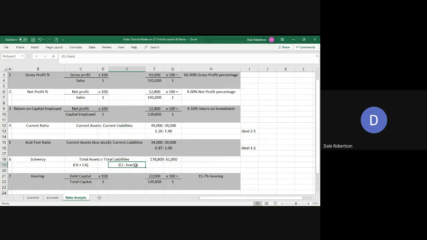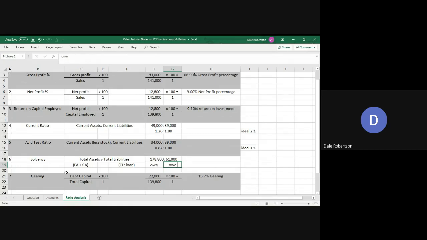So you add the 2 of them to get 61. And you're just comparing, and here, roughly speaking, you can say that the company's assets are about 3 times what the liabilities are. So that's pretty healthy solvency. Means the company is not going to go bankrupt. They own more than they owe. So they own this, and they owe this, and they're in a healthy position there.